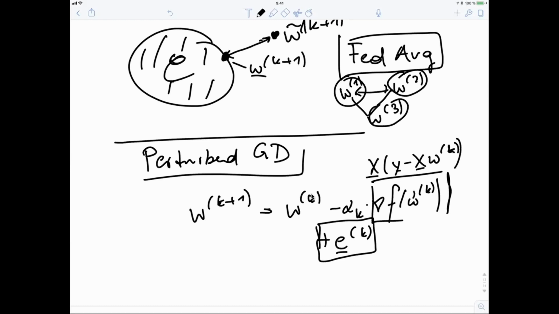So we can compute the gradient and subtract it from the previous iterate. Why should we take into account an error term here? What might be a source for such errors?